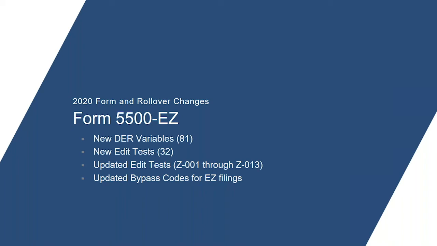But starting this year, 2020, Form 5500 SF is no longer used for EZ filers. So that's why I will very briefly discuss the Form 5500 EZ, including who must file, how to file, and how to file amended returns.